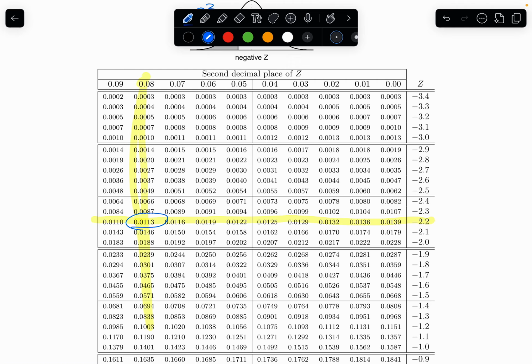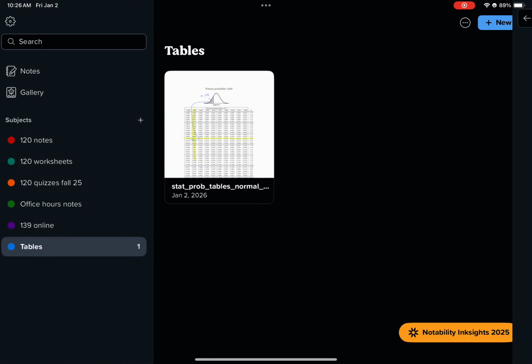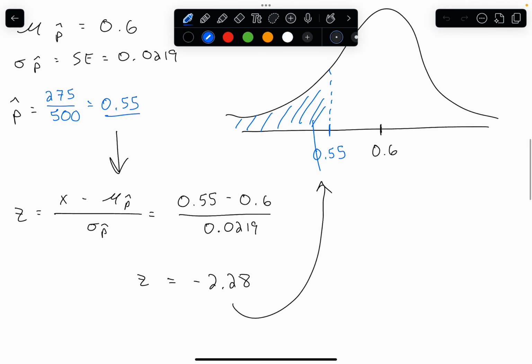Luckily for me, that's exactly what I wanted. I wanted the area to the left, so I don't need to do anything with this number. I don't need to subtract it from 1 because this is already telling me the area to the left. So 0.0113. Hopping back just so that I can write my answer, this probability is 0.0113. There is my probability.